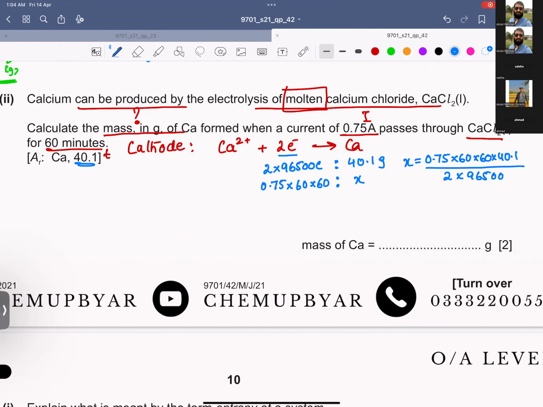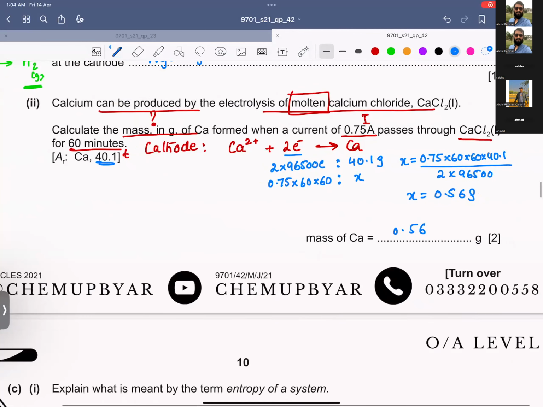So can anybody solve it and tell me the answer? 0.56. So X is equal to 0.56 grams. So here we have 0.56. Is this clear to everyone? Yes, sir.